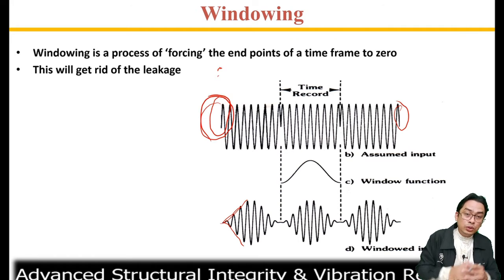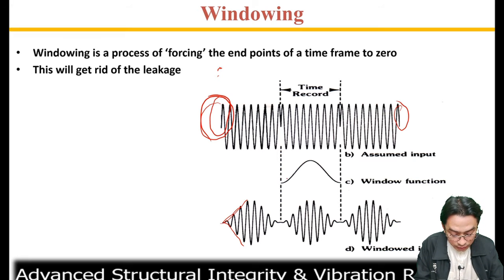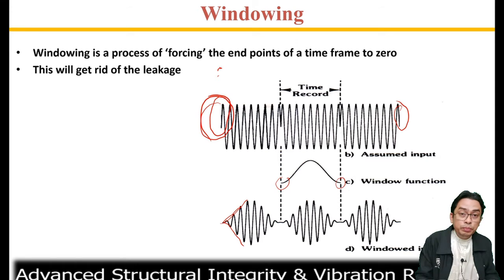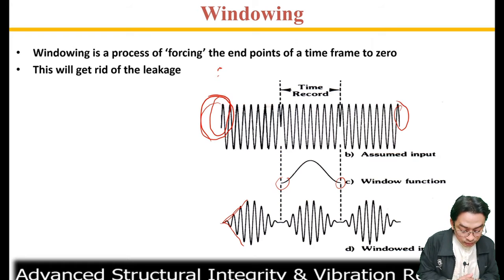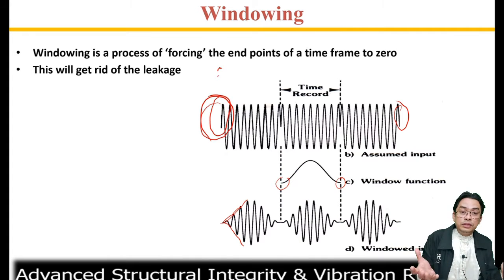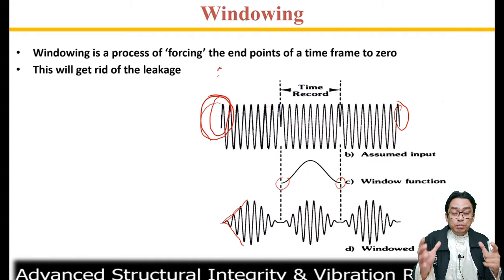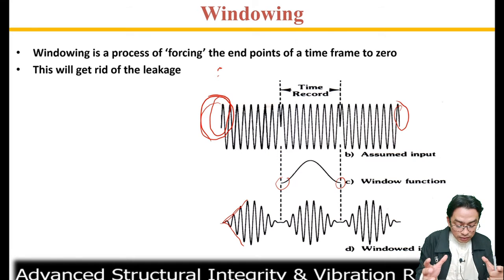So the window will force the end and the starting point to be 0. That is the function of the window. But of course, we need to select a proper window function to make sure that we have a correct representation of the signal.